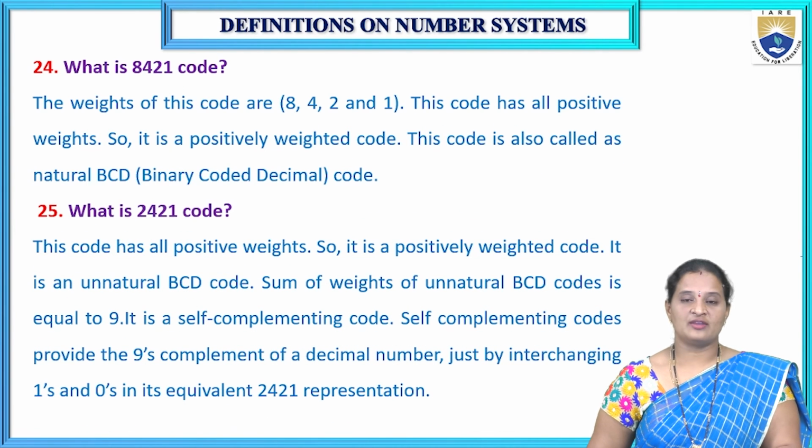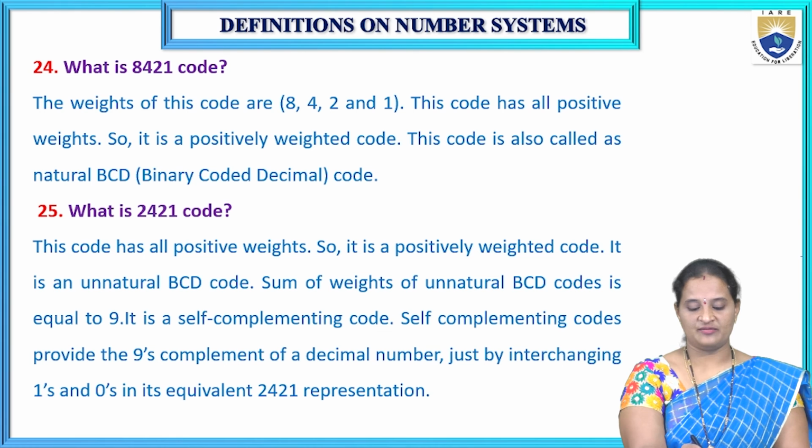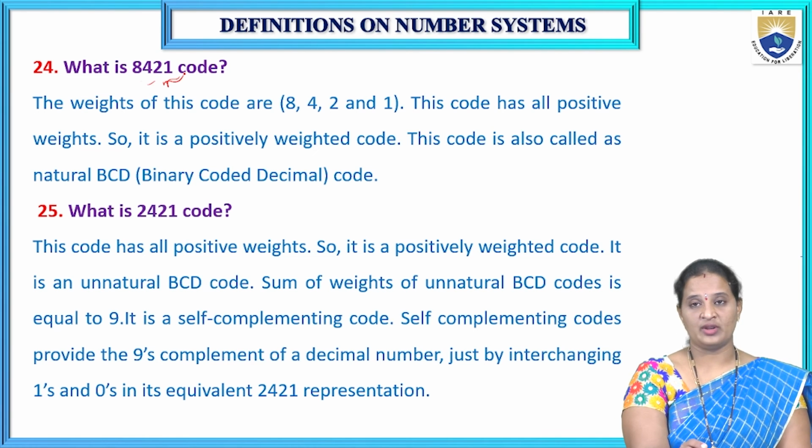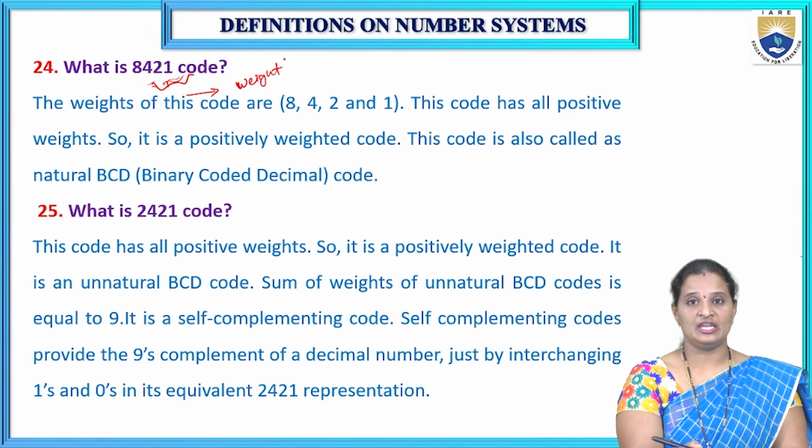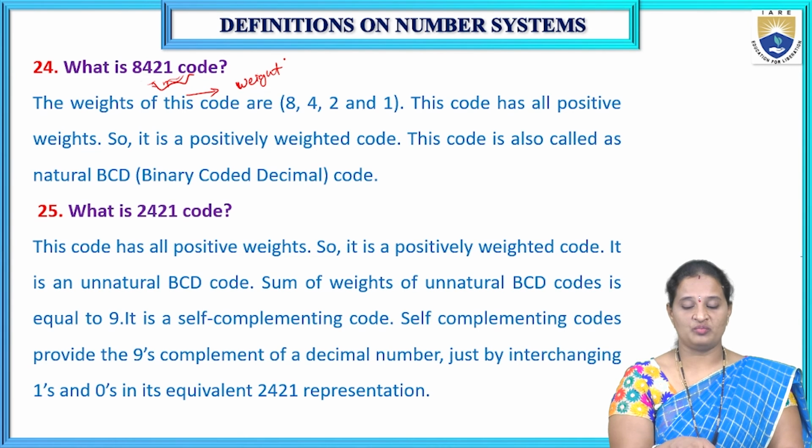Now coming to the 8421 code. So what is 8421? What does this 8421 indicate? This indicates that the code is a weighted code. So the 8421 code is a weighted code wherein each bit has its own positional weight.